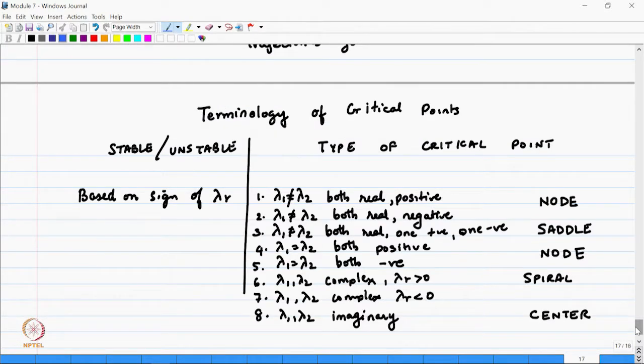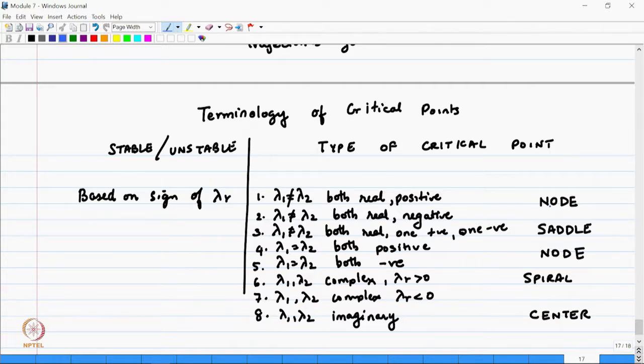If you have critical points, there are various possibilities. You can have the eigenvalues lambda 1 and lambda 2 not equal to each other, but both real and both positive. Then you will get a node, and you can easily tell that it will be unstable.